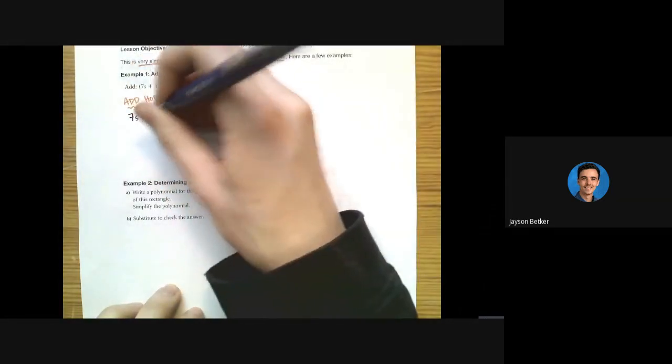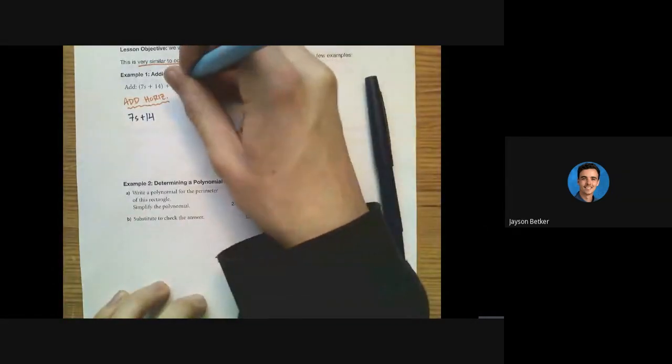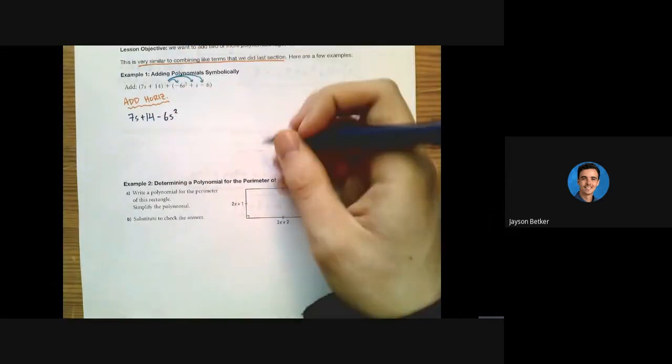So 7s plus 14 doesn't change at all. But when we have a bracket with a positive in front of it, that positive makes its way through and latches onto all of these. Lucky for us, there's no double negatives happening here, so everything stays the same. So negative 6s squared, and then plus s, and then minus 6.